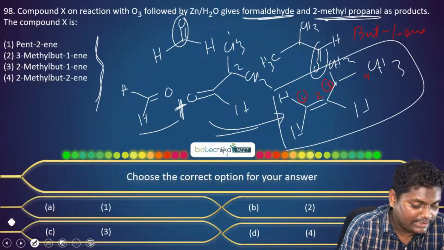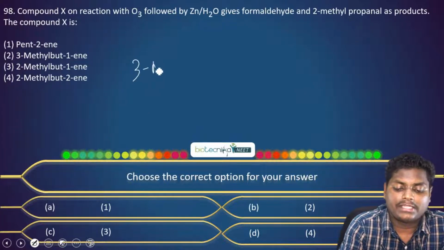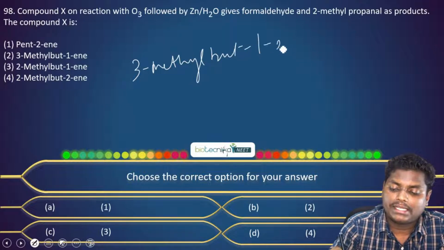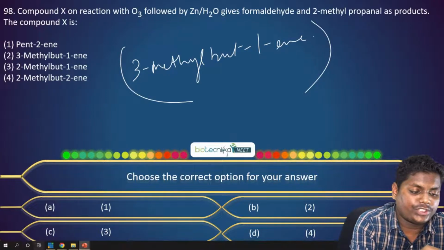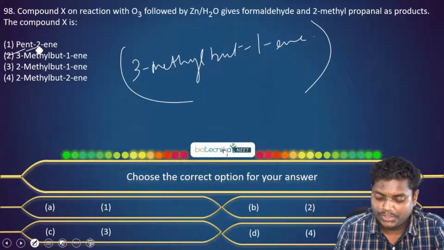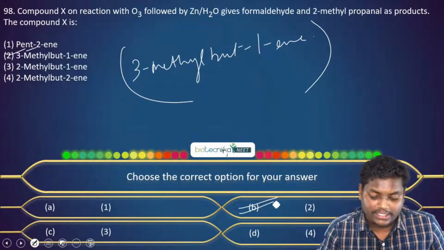So the product is 3-methylbut-1-ene. So the correct option is option 2, B, 3-methylbut-1-ene.